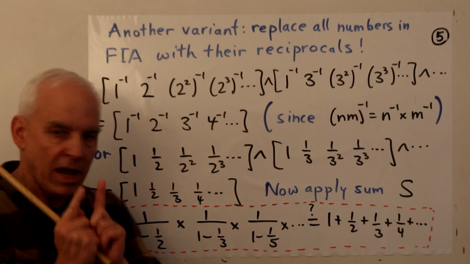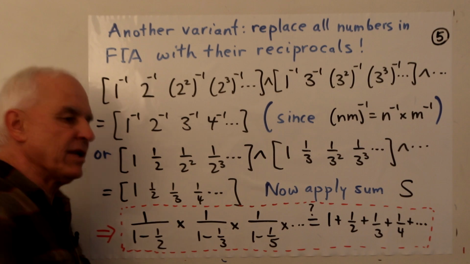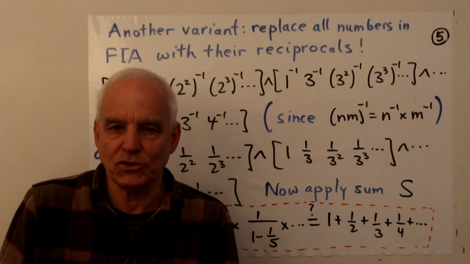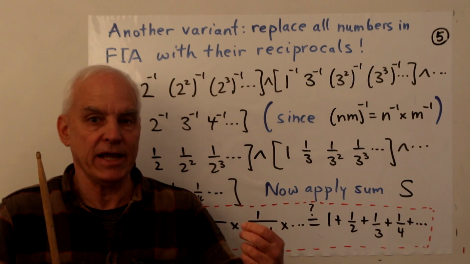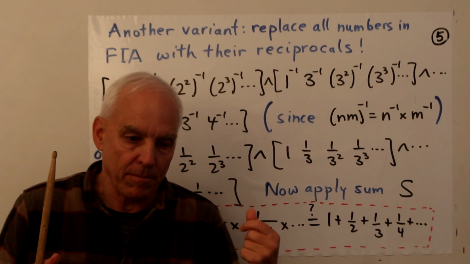What happens when we apply S now? Now this is a geometric series of a different kind. It's something that's more familiar to us. We're more comfortable with assigning a meaning to this unbounded, ongoing sum.